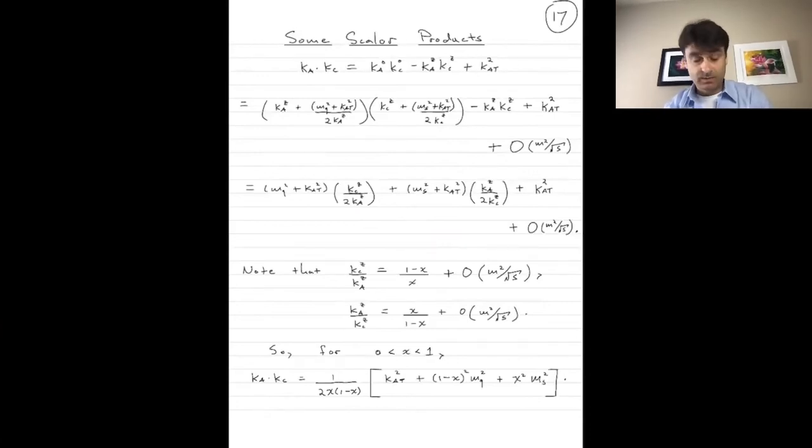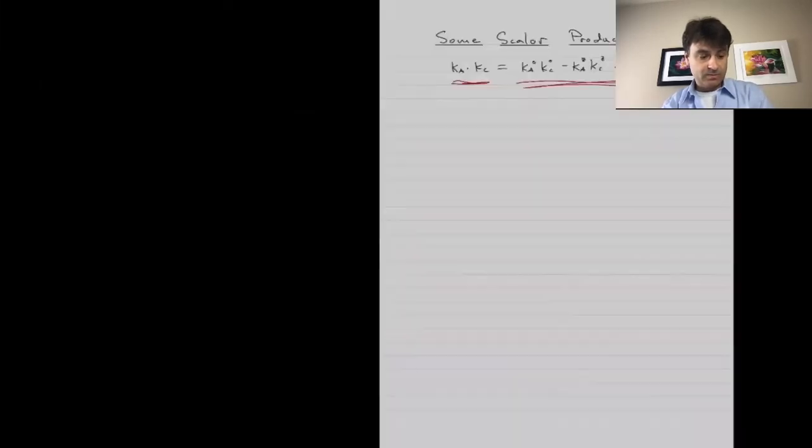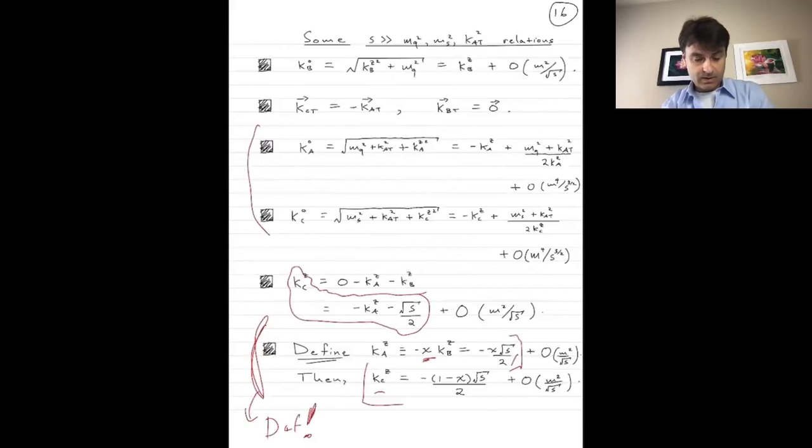Now, we might need to think carefully about this value of x. Okay, x actually should lie between 0 and 1. Why? Because if this momentum fraction is less than 0, for example, that means that Ka is now going in the direction of Kb. Right?